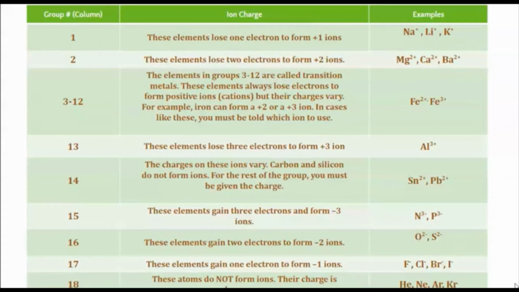Column 13, they tend to lose 3 electrons to form 3+ ions. Column 14, the charges vary, and they have to be given the charge in Roman numerals, or you have to be provided the charge. Column 15, the elements gain 3 electrons and they form 3- ions. Column 16, they gain 2 electrons to form 2- ions. In column 17, they gain 1 electron to form a 1- ion. Column 18 does not form ions at all. They are already noble.